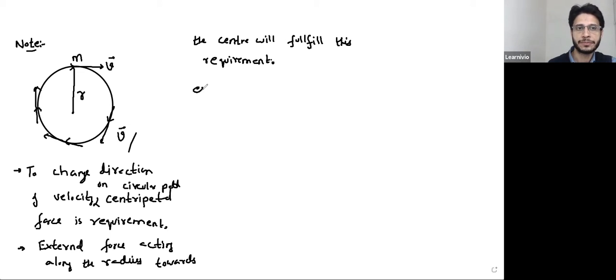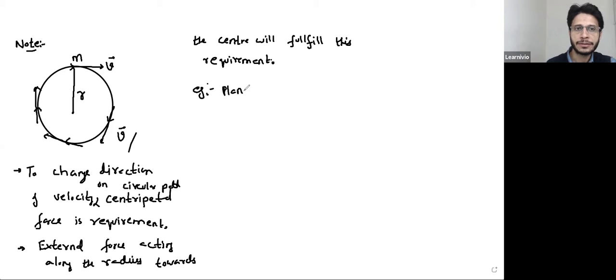For example, planets are revolving around the sun in almost circular orbits. So planets need centripetal force. Who provides that centripetal force? The gravitational force between the sun and the planet will provide centripetal force.